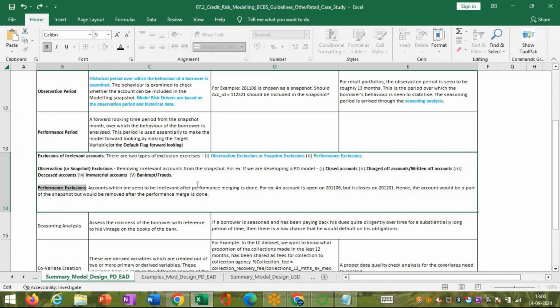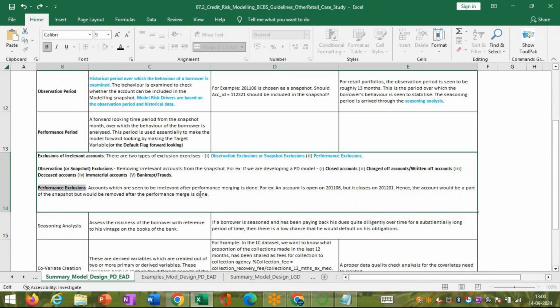But if in the performance window there has been operational fraud or bankruptcy for that account, then that account is removed, right? So the account would be a part of the snapshot, but in terms of performance, those accounts would not be considered.